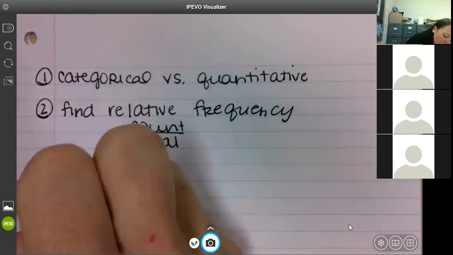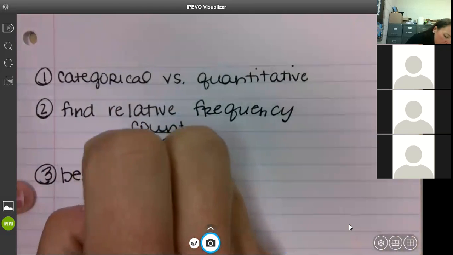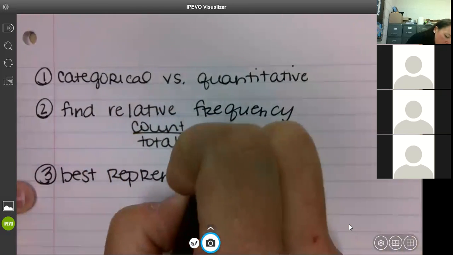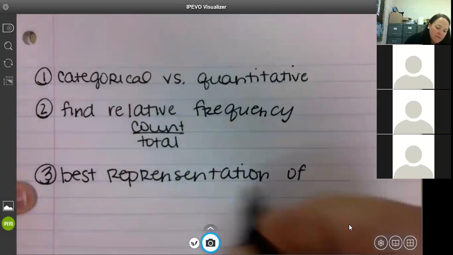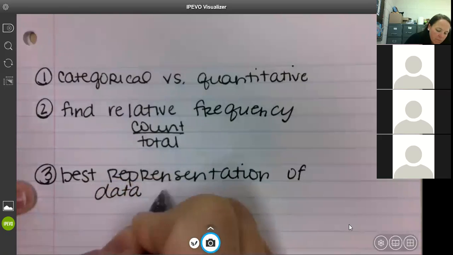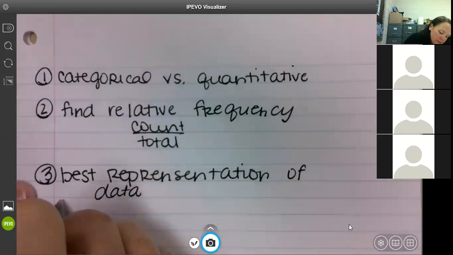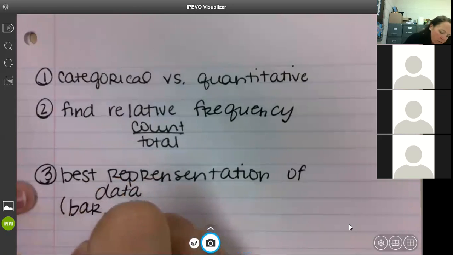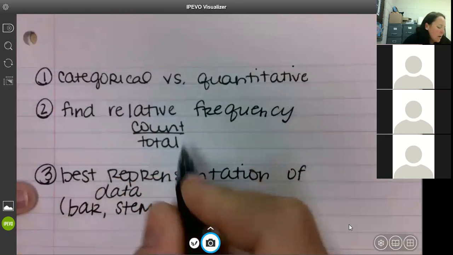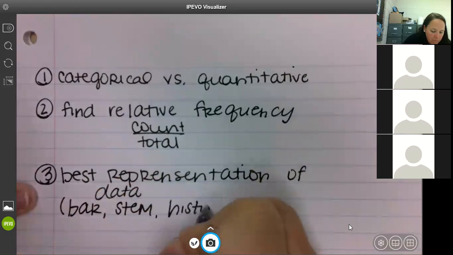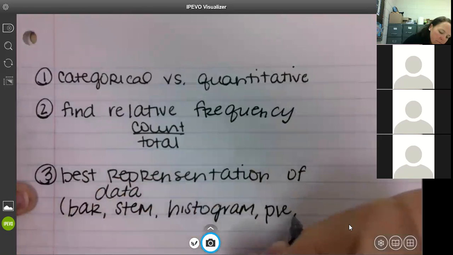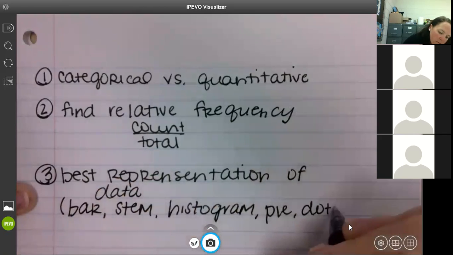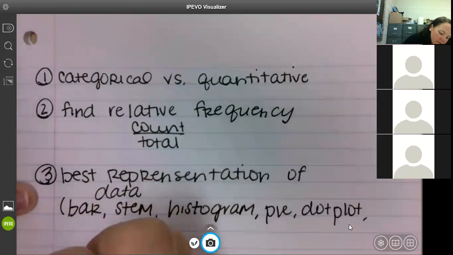All right. The third thing you want to do is you need to know the best representation of data. So that is whether you use a bar graph, a stem and leaf plot, a histogram, a pie chart, or a dot plot, box and whisker.